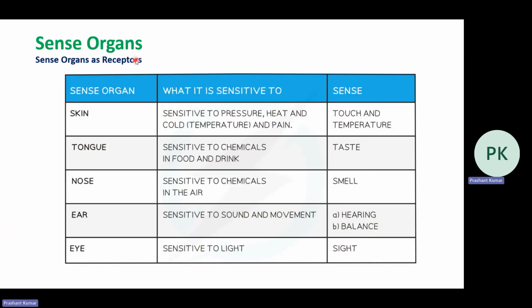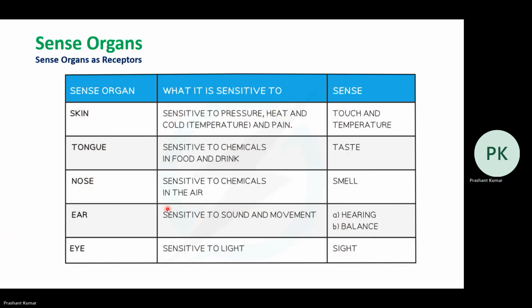Now let's talk about the sense organs. We have 5 types of sense organs in your body. First is the skin, which is sensitive to pressure, heat and cold, and pain also, so it senses touch and temperature. Second, we have the tongue, which is sensitive to the chemicals in what we eat, so it senses the taste of food.